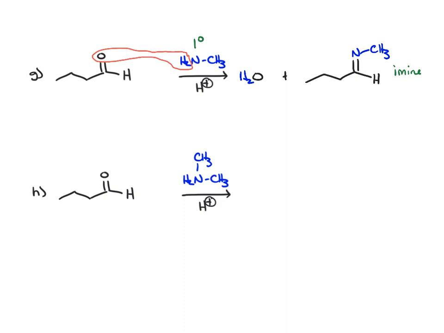When we have a secondary amine, we end up with an enamine product. So just to kind of show you how you get to that, similar to the one above, we end up adding the nitrogen, and this actually should only have one hydrogen there.